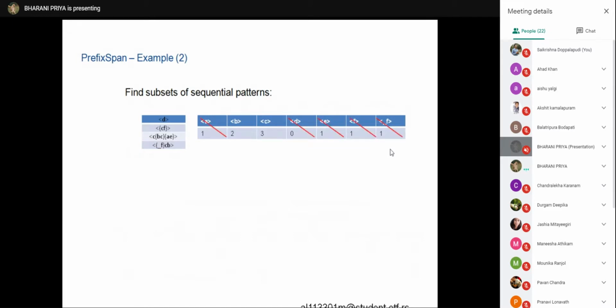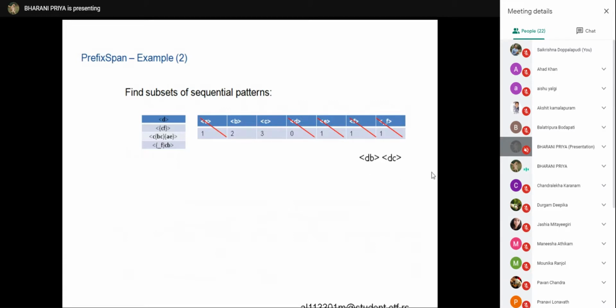Those which are not meeting my minimum support are deleted. So in this D as a prefix, what are the frequent items we'll get? DB and DC. So the frequent items with two items are DB and DC.